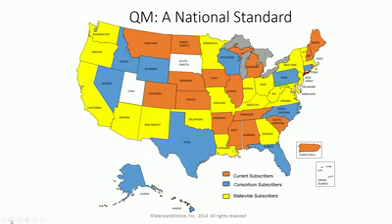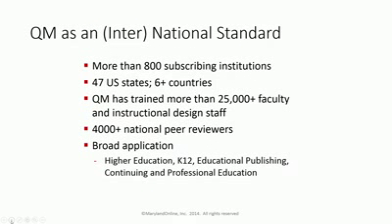We continue to grow. With a little bit more than 800 subscribing institutions and around 110 individual subscribers, if your institution is not a subscriber but you are interested in diving deeper into what the standards and rubrics are, you can become an individual subscriber.